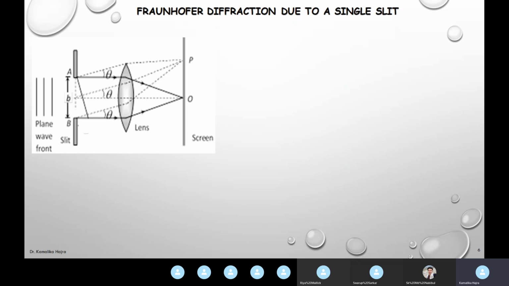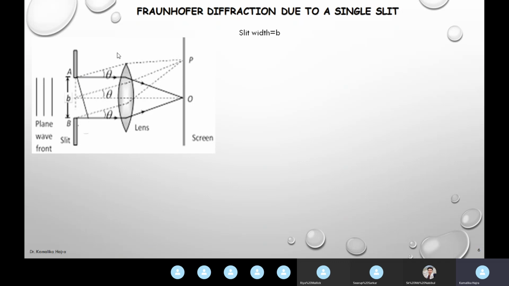So this is the setup for studying Fraunhofer diffraction due to a single slit. You see, this is the plane wave front coming from the source at infinity, and you know how we send the source to infinity, and they are incident on this slit of width b, and then different sets of rays are diffracted.